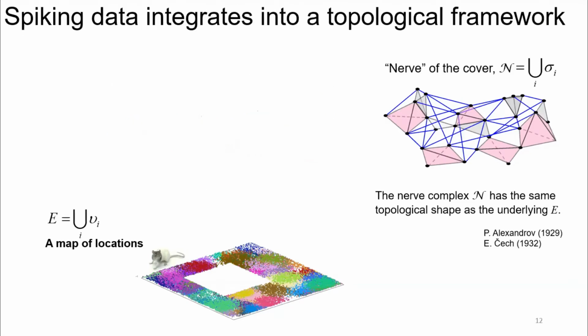Now, the issue, if we consider more closely what I just said, is that every element of the cover is fundamentally something that was constructed using spikes, right? Every place field is a certain representation of spikes that I'm using to visualize my data.